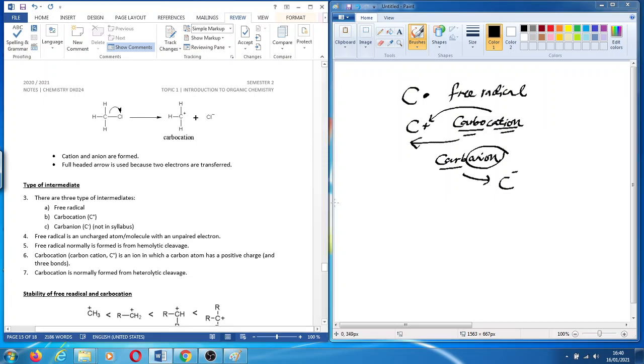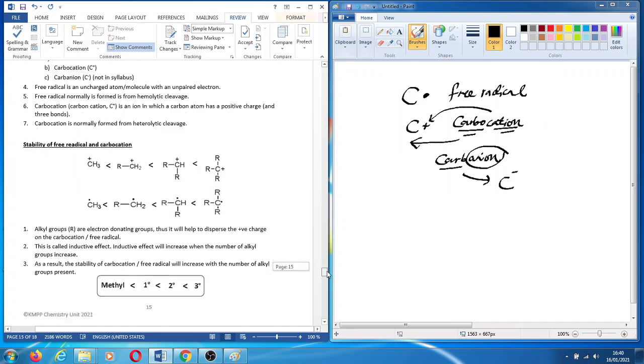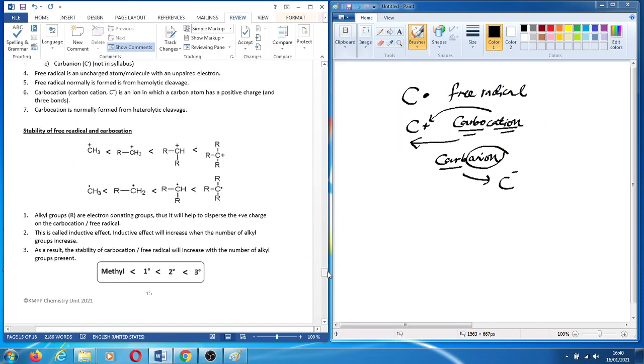Okay, and then we look at the stability of free radicals and carbocations. For the carbocation and free radical, it will have the same stability. CH3 plus, RCH2 plus. Here is methyl. Here is primary carbon.